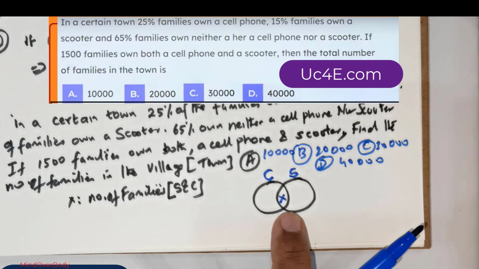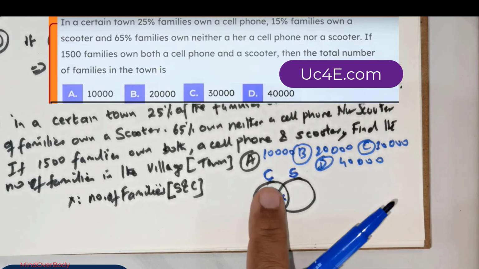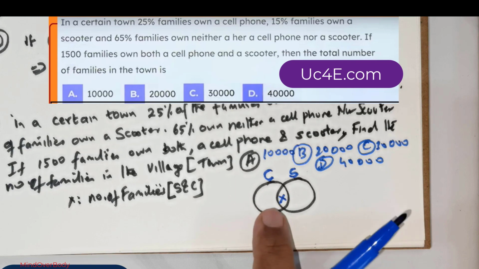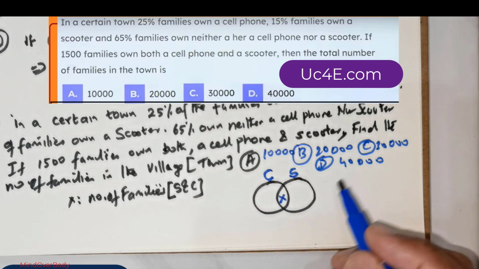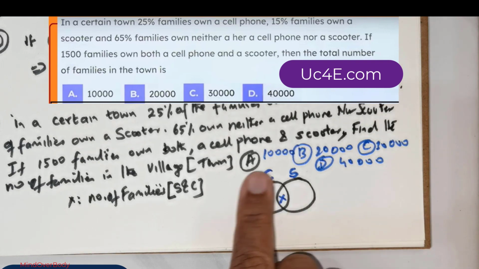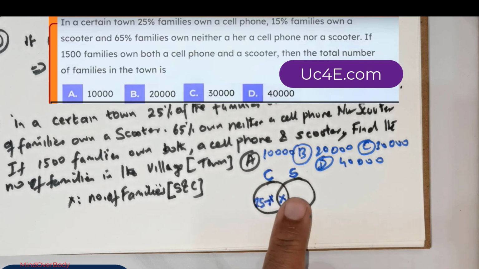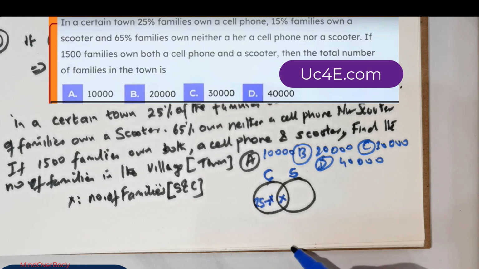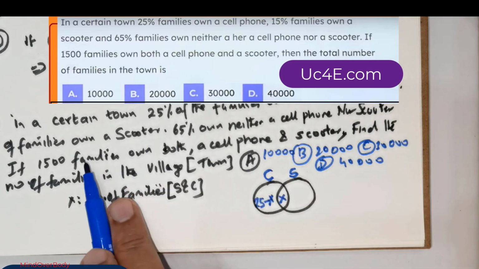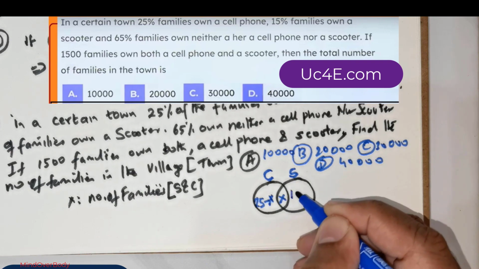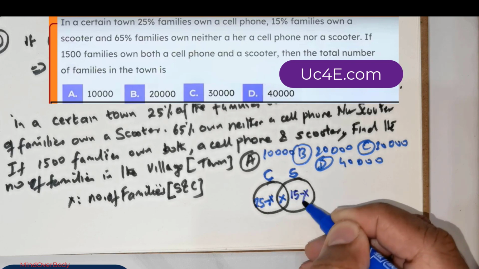Now if I were to remove X from that percentage of families owning this set, owning cell phone, then that would be 25 negative X. So from this entire set, if I were to take away all X, I would have a region which are exclusively owning cell phones alone, right? Now similarly from scooter, it says 15% of families are owning scooter. To get 15% from this set, I have to take away X, right?